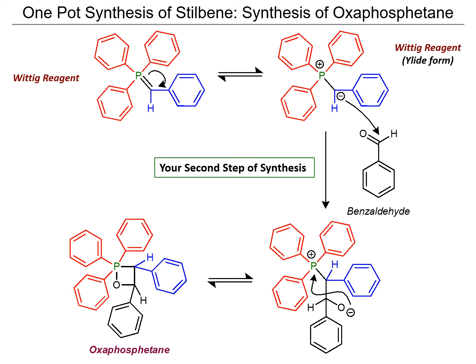So the carbanion is going to attack the benzaldehyde, and it's going to incorporate the benzaldehyde skeleton into the whole system. Upon doing this, the negative charge that was transferred to the oxygen will come back, and it's going to attack the phosphorus, which has a positive charge, making the oxaphosphetane, which is a four-member ring.